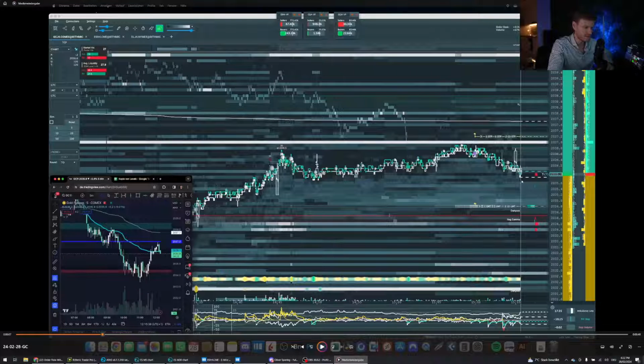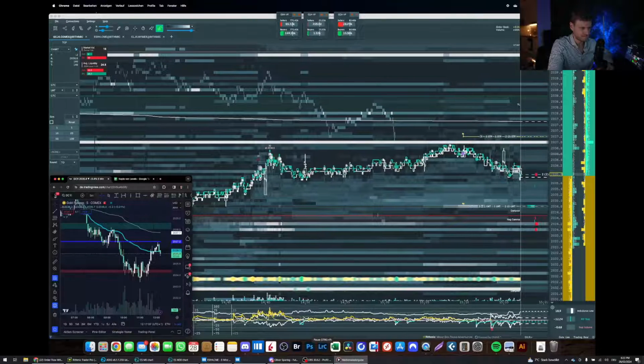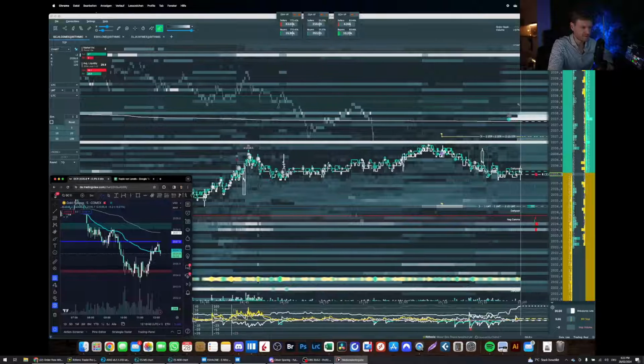What I wanted to see now is a short and effective stop run beneath the 35.8-ish level, around this kind of level, down beneath this price. So let's see if this played out. We've got some new orders coming into the bid.